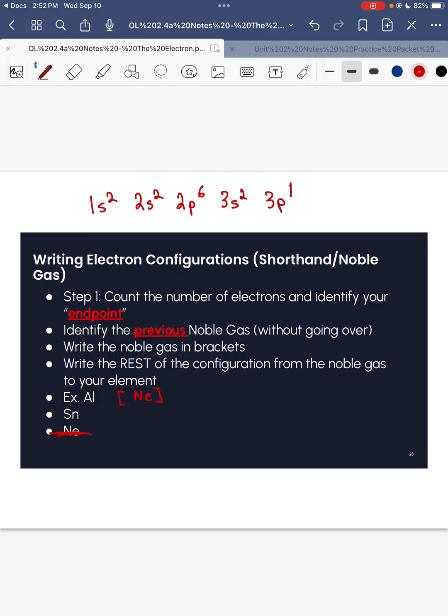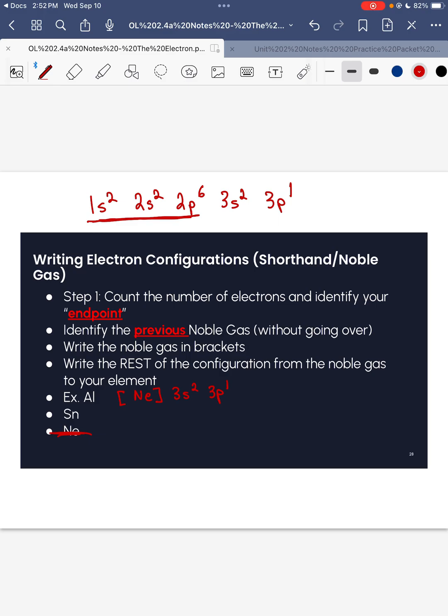And neon's electron configuration is 1s2, 2s2, 2p6. So after neon comes the 3s2, 3p1 electrons. So all I have to do for the shorthand notation is the noble gas configuration, where I write neon 3s2, 3p1. This gets even more helpful as you go.